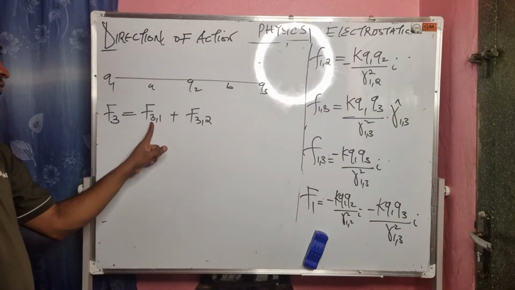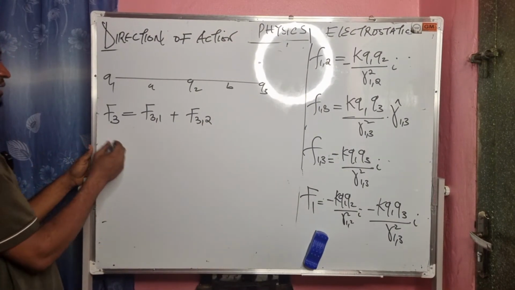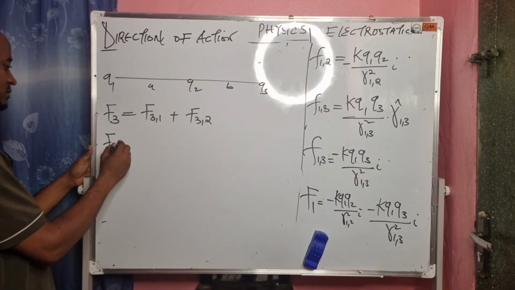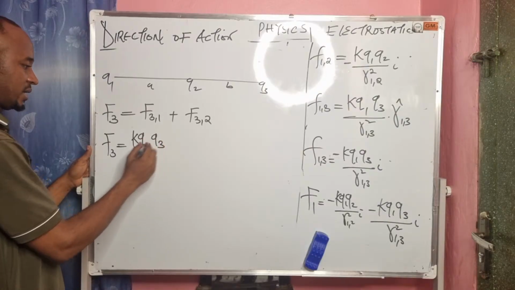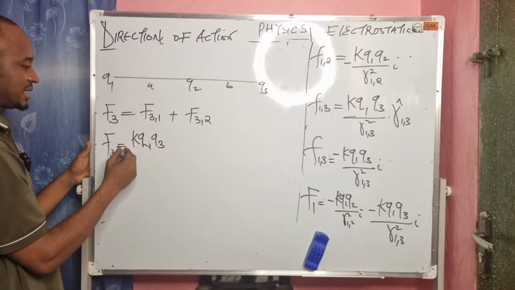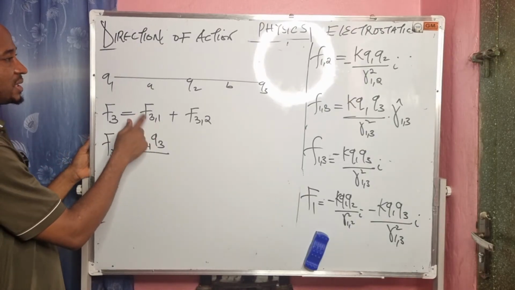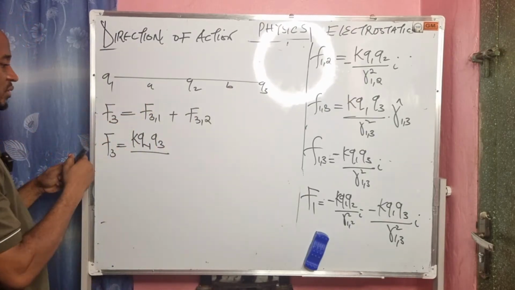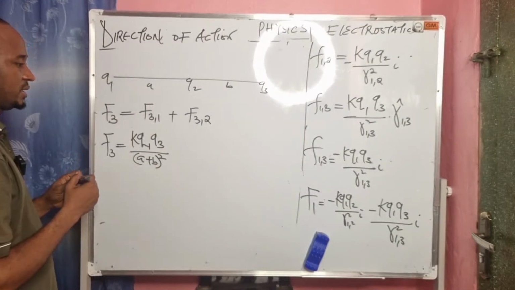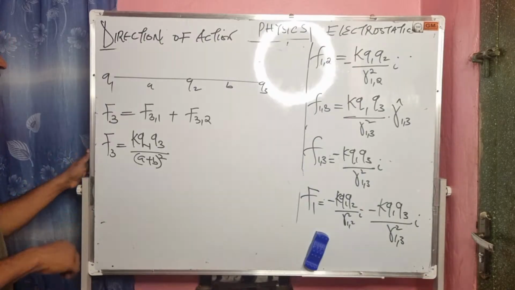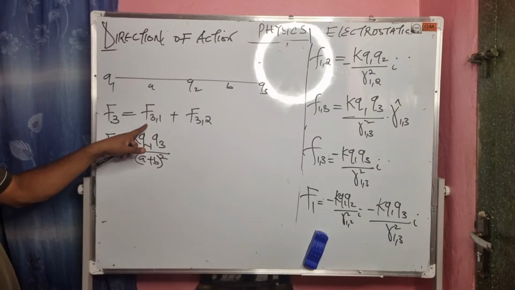So let's define F31: K, Q1, Q3, between charge 1 and charge 3, divided by the distance between them, A plus B, all squared. The direction of action is simply from 1 to 3.